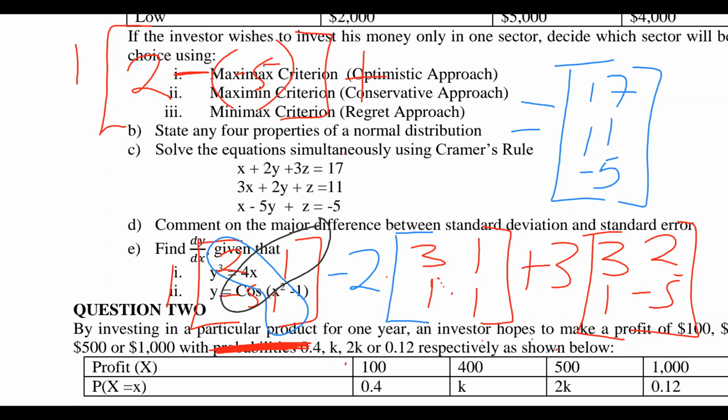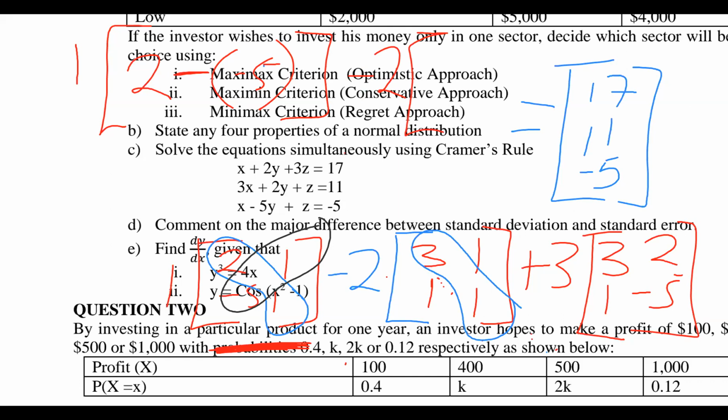The next is negative 2. Negative 2 times, how do we do it now? We do the determinant of this inner matrix: that diagonal minus this other diagonal.